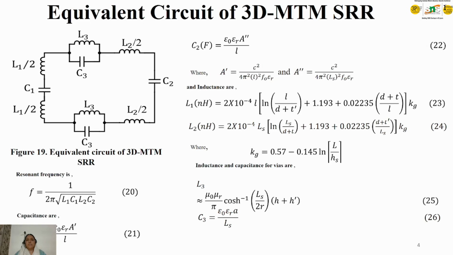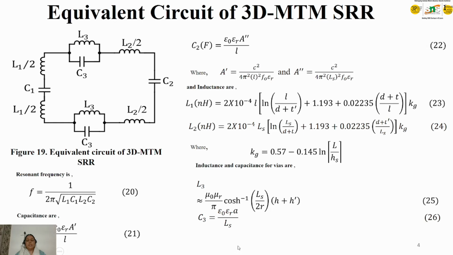Here is the equivalent circuit of this unit cell. This is for the bottom of the structure, and this is for the top of the structure. This is called the coupling parameter, and this is the coupling gap. The equivalent circuit parameters are calculated using the frequency, capacitance and inductance parameters, and L3 is the coupling parameter.